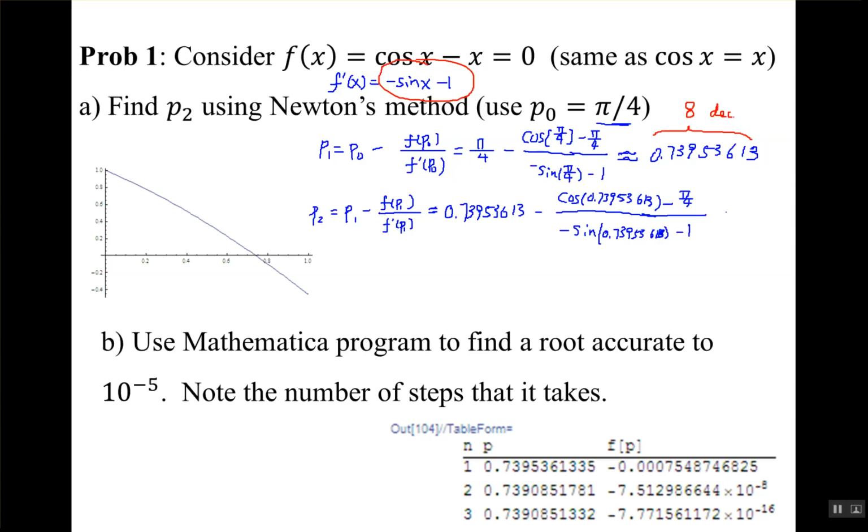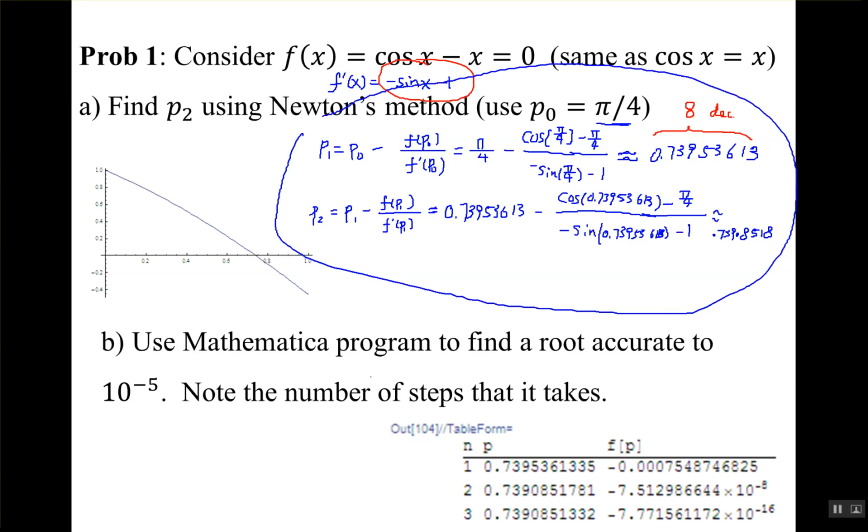Okay, and I just used my calculator or Mathematica. This turns out to be 0.73908. So that's how I would solve my P1 and P2.